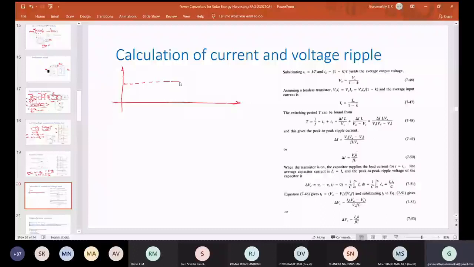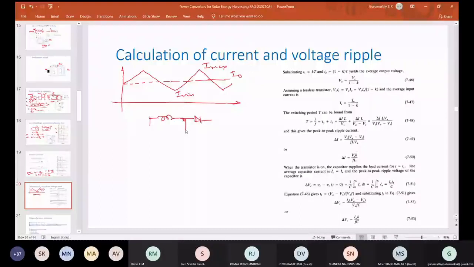Okay, so this is I maximum and this is I minimum in the inductor, and this is the I naught. So I'll just show you what these things are. This is the inductor, then there is a diode, then there is a switch, and the capacitor and the load.